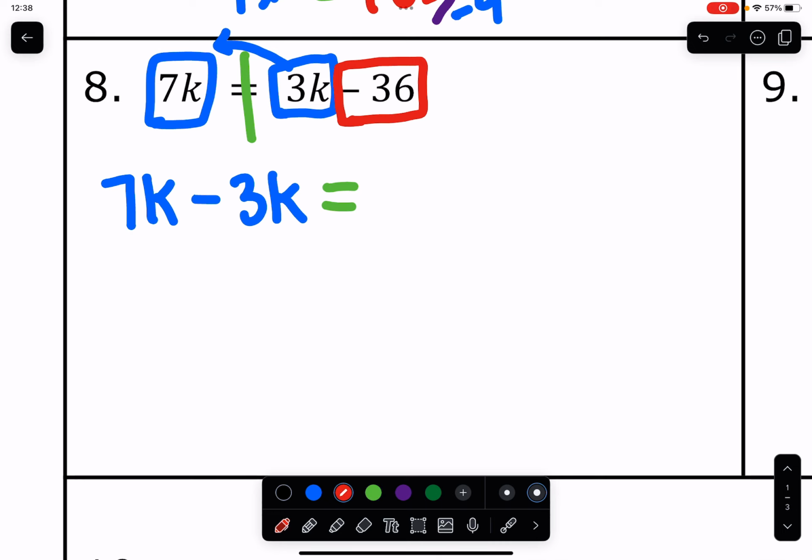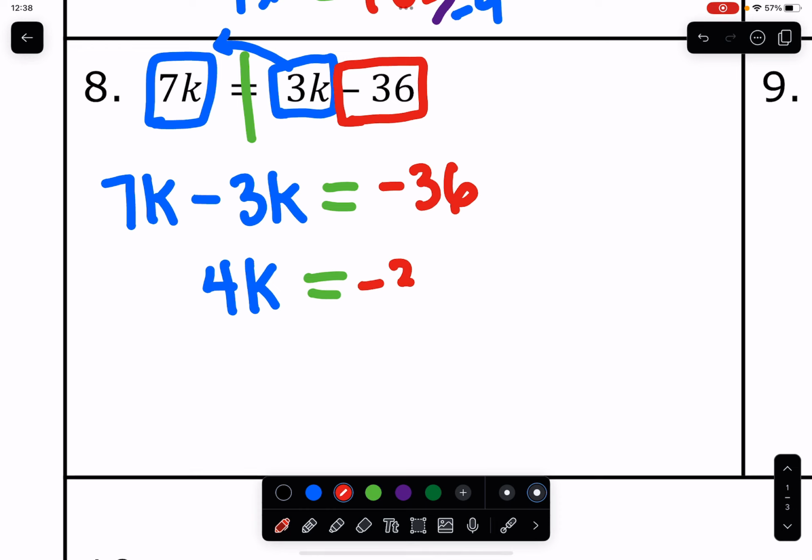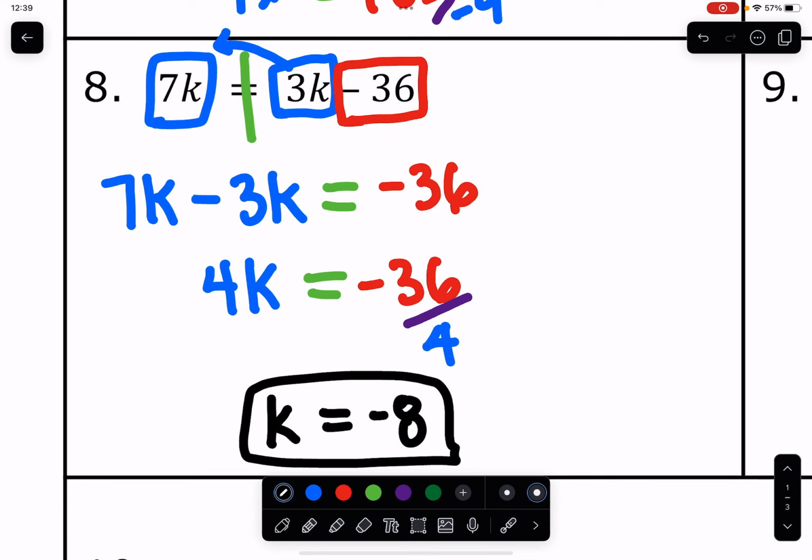The 36 is already on the right side, so that's going to stay as negative 36, and that doesn't change signs. So combining the two blue numbers, that is 4k. Bringing down the negative 36, I divide that by the 4. So k equals negative 8. And there's your solution.